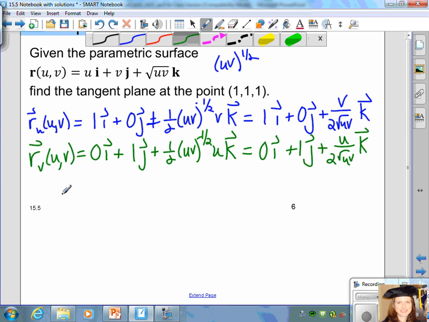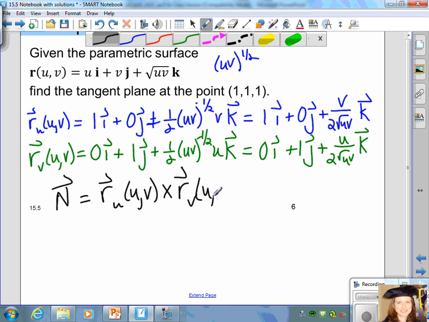Now we want to find the normal vector. The normal vector is found by taking the cross product of the partial of r with respect to u and the partial of r with respect to v. Okay, and you can go through and work out that cross product.